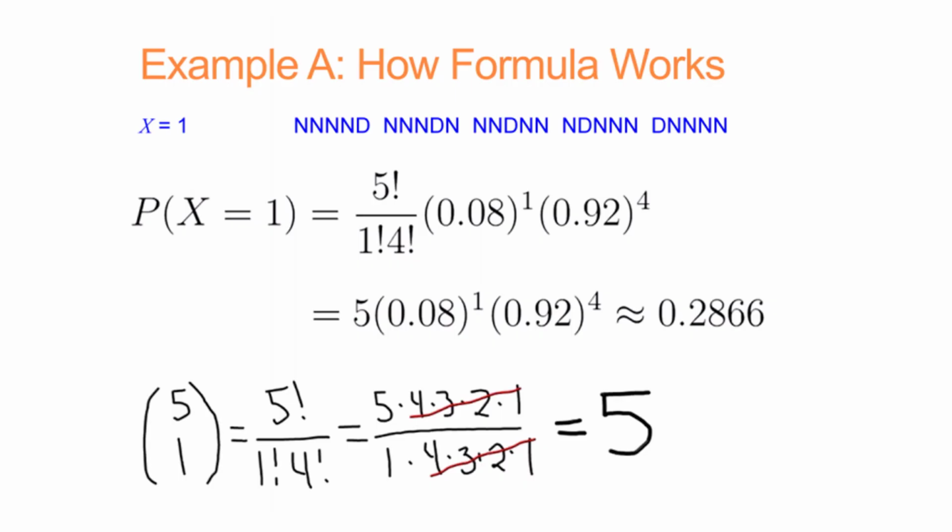For P of X equal to 1, we substitute 1 for k, 5 for n, 0.08 for p, and 0.92 for q. To calculate 5 choose 1, I get 5 factorial in the numerator divided by k, which is 1, factorial times n minus k, which is 4, factorial.